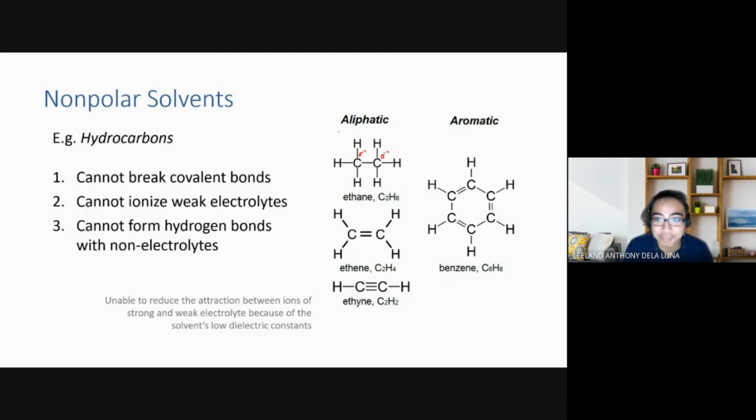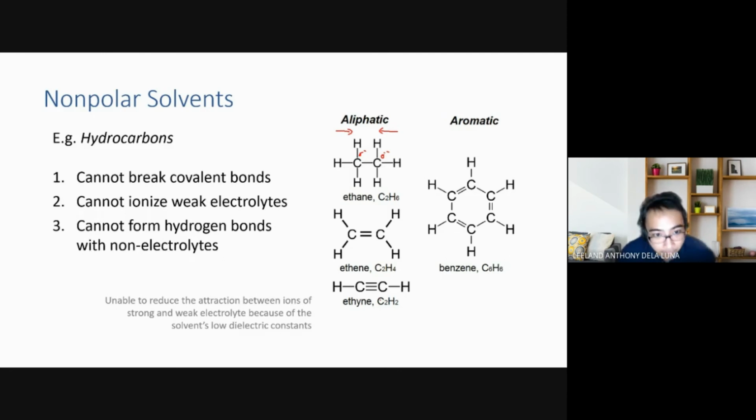So ang tendency class is parang ang pool niya pag ganito. Pag papunta lahat sa carbon, yung pool ng electrons. So are we clear? Kaya class, automatic, alam ko na agad, pag tinitingnan ko to, most likely this is a non-polar molecule. Okay? So it cannot ionize weak electrolytes, so therefore, any solute that has a charge, hindi niya matutunaw.